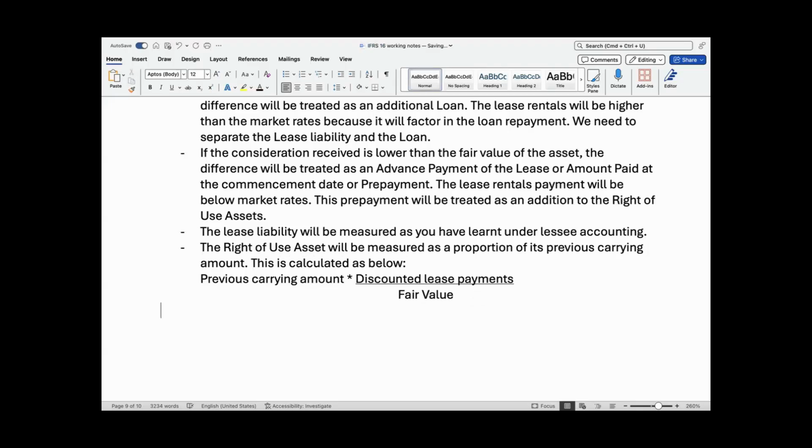Now, additionally, since this is a sale, when an asset is sold, the entity will make a profit or loss on sale.